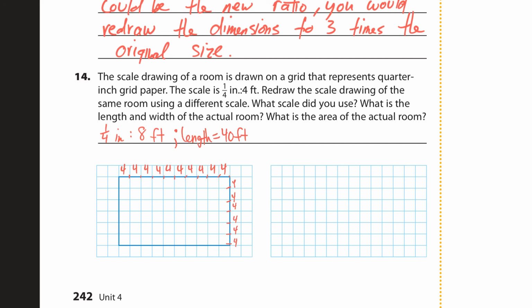So width is equal to 4 times 6, which is 24 feet. And the area is equal to 40 times 24, which is 960, and that would be square feet.